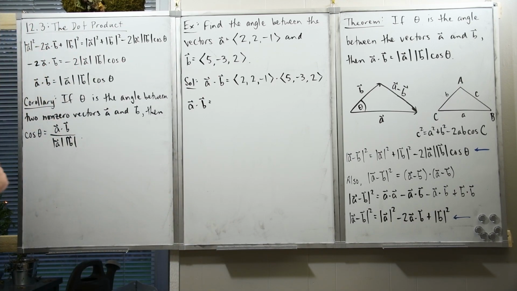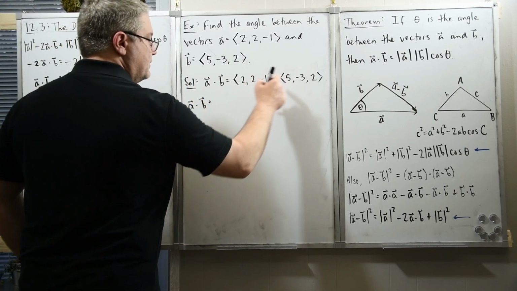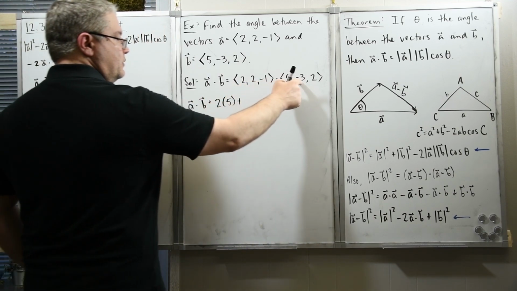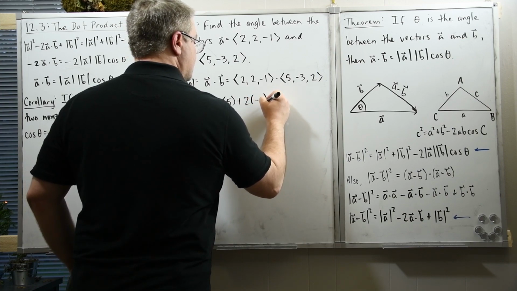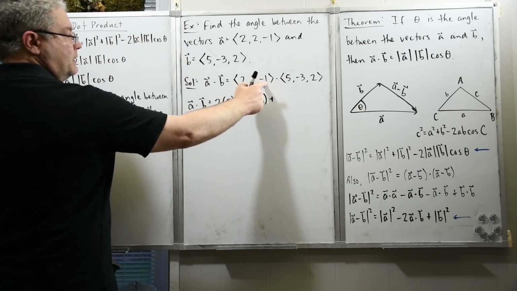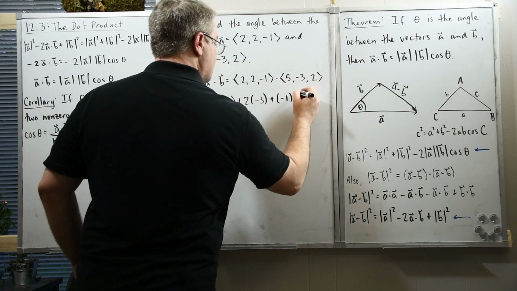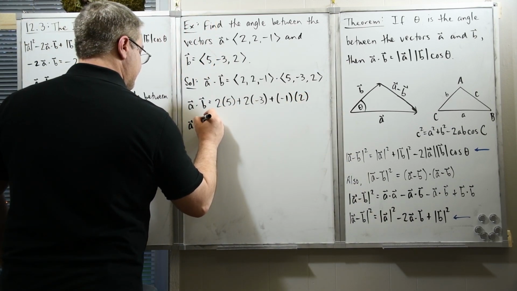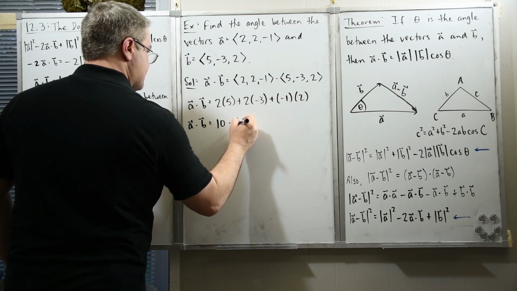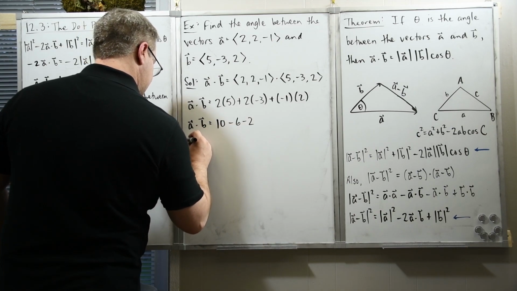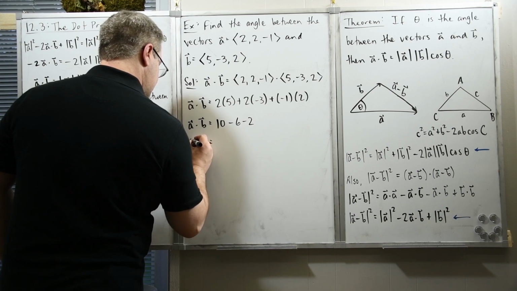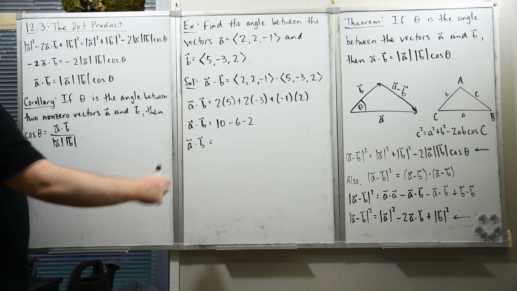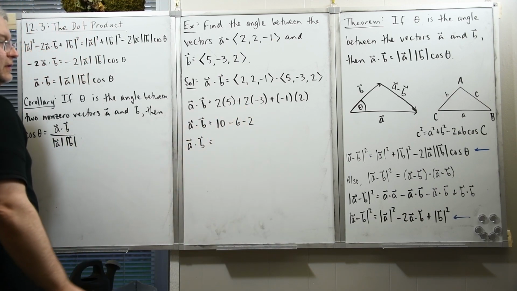Now, when we take a dot b, we'll have 2 times 5 plus 2 times negative 3 plus negative 1 times 2. Well, your 2 times 5 gives you 10. 2 times negative 3 gives you negative 6.